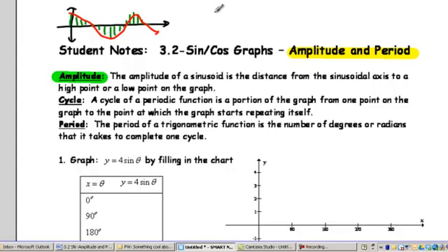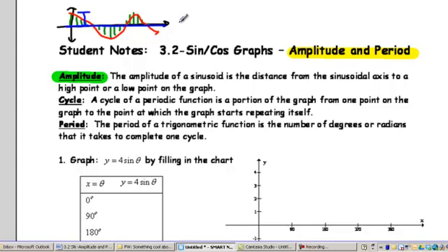Pretend that looks pretty. But the amplitude would be the distance between the high point and the axis. So my axis would be the x-axis for our parent function.